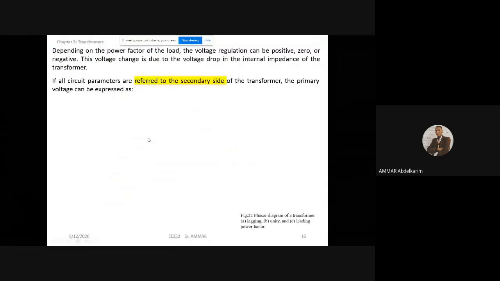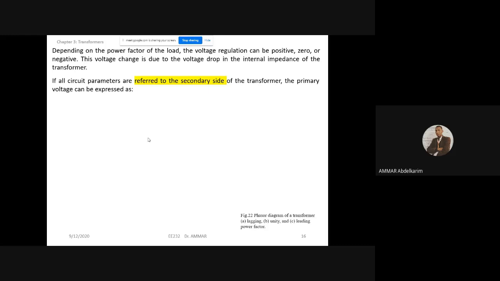So, depending on the power factor of the load, lagging or leading or unity power factor, the voltage changes, of course, in the presence of the load, which means that we have a current in the secondary. So the voltage drop across the impedance of the transformer in the secondary will be taken into consideration.